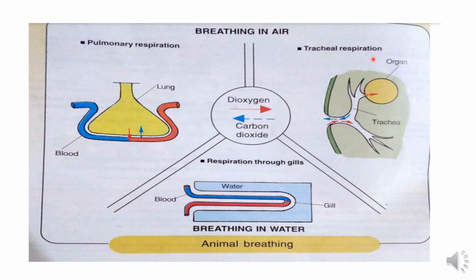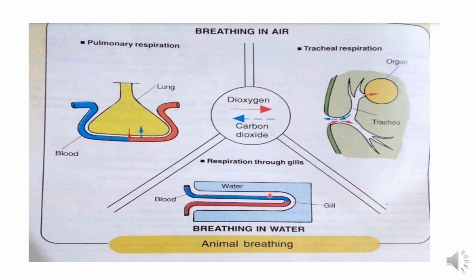Here, in tracheal respiration, there is no role of the blood. The oxygen gas diffuses from the tracheoles into the organs, and carbon dioxide gas diffuses from the organs into the tracheoles and then circulates in the trachea and is removed outside the body through the posterior spiracles.